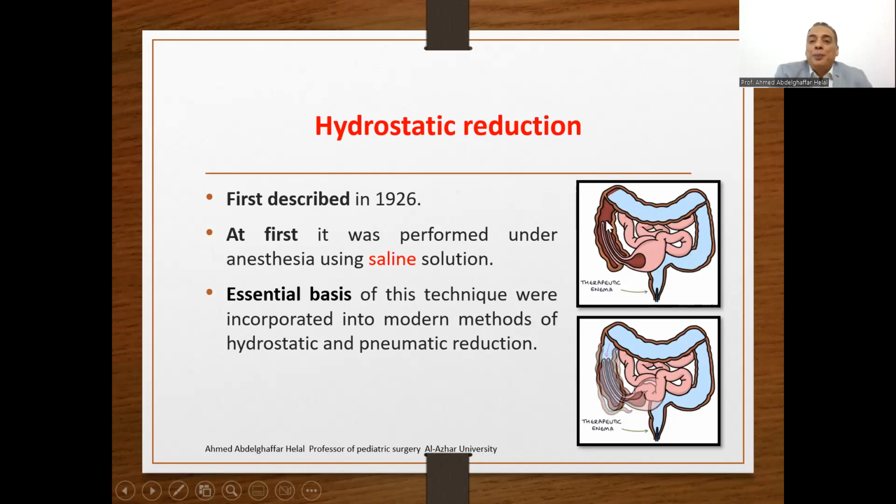As we see, this is the idea: to inject contrast. This contrast will push the intussusceptum from inside the intussusception. So push the head, and after pushing, you will observe free flow of this dye into the small bowel, indicating relief of the obstruction. This is the main idea, and this was modified in the modern techniques of hydrostatic and air reduction.